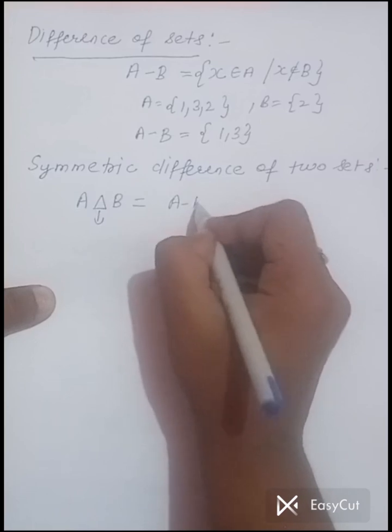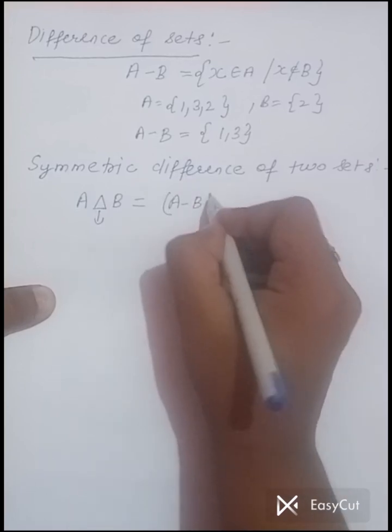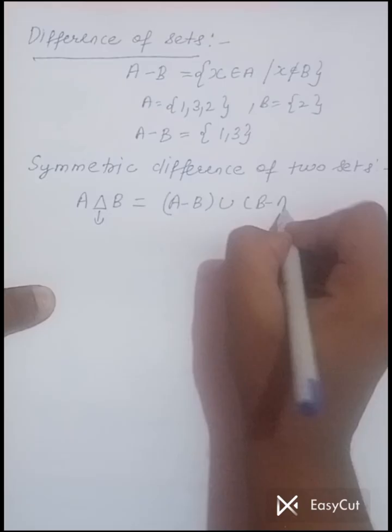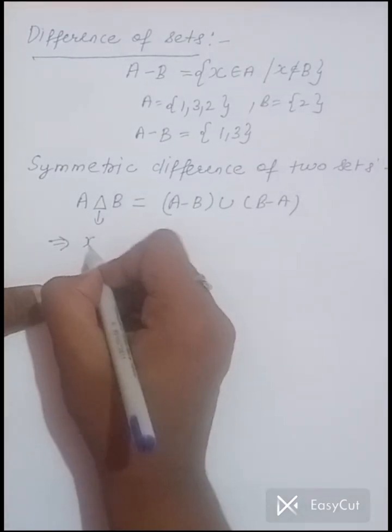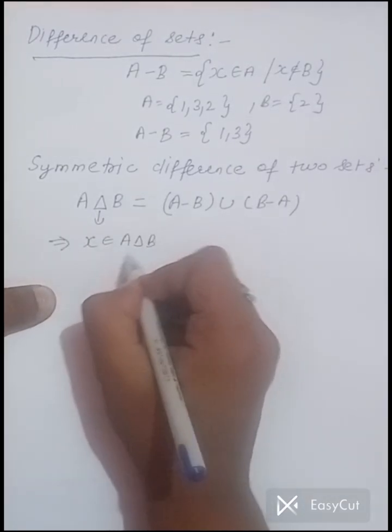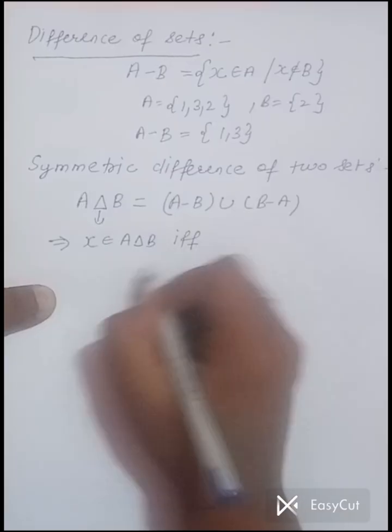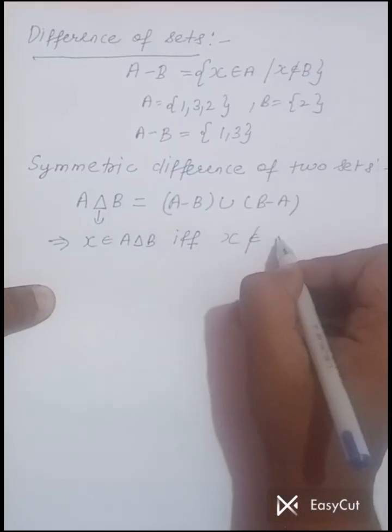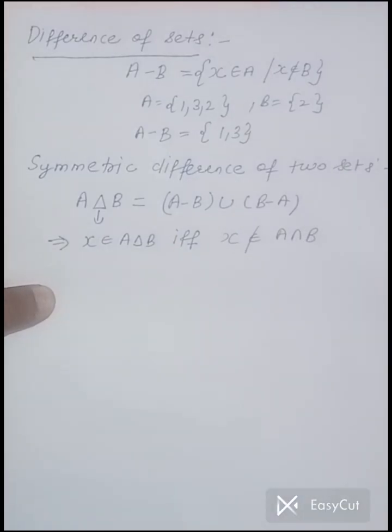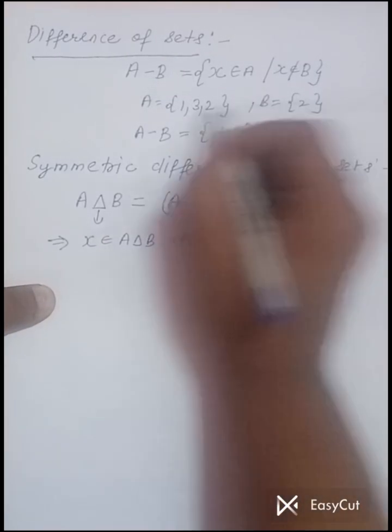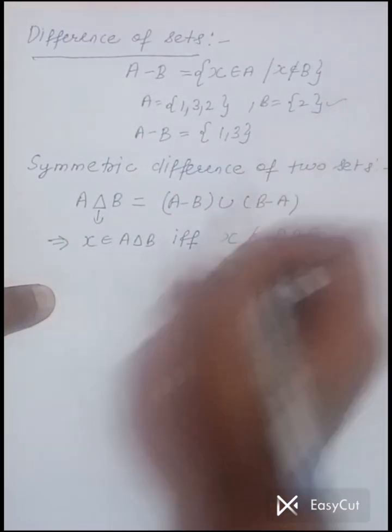It is the union of the two sets A minus B and B minus A. This implies X belongs to A delta B if and only if X does not belong to A intersection B. For example, A is equal to {1, 3, 2} and B is equal to {2}.